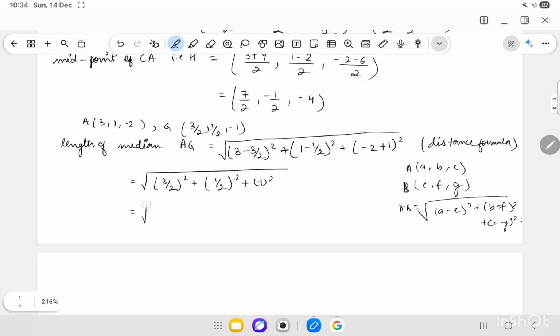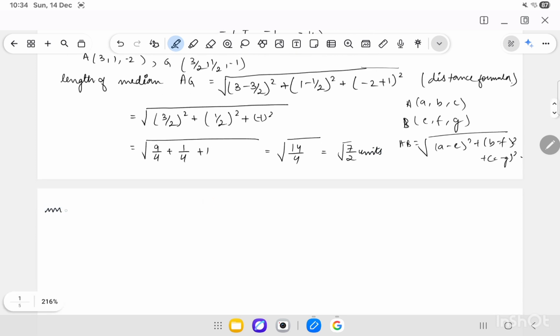So that will be equal to square root of 9 by 4 plus 1 by 4 plus 1, that is square root of 14 by 4. That means square root 7 by 2 units is the length of median AG.